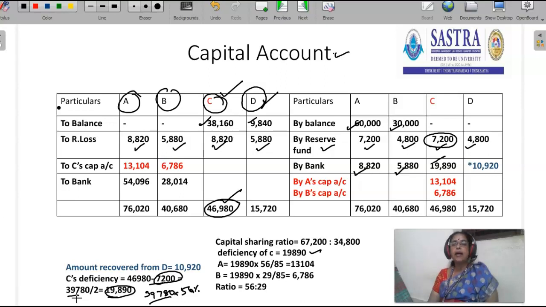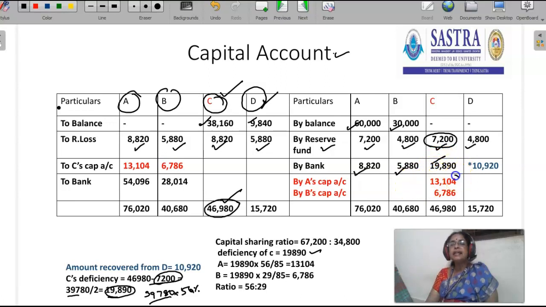39,780 is the balance of C's account. He is able to pay 50 paise per rupee, so if we divide it by 2, or 50 percent, he paid 19,890. He was able to contribute 50 paise per rupee, so he was able to bring 19,890.